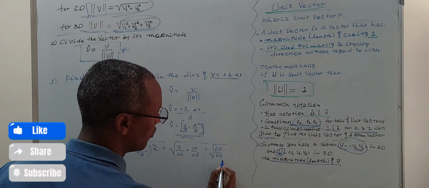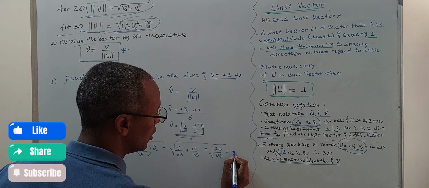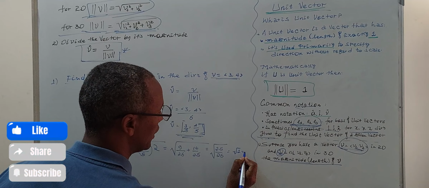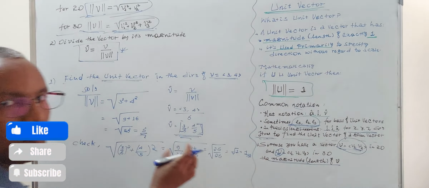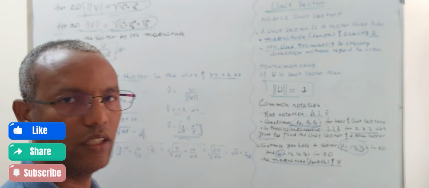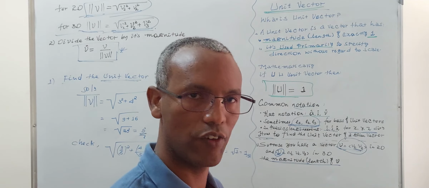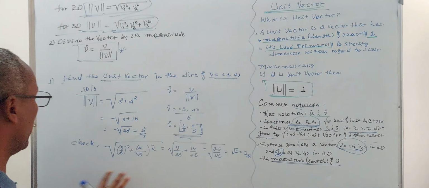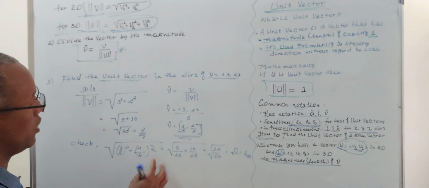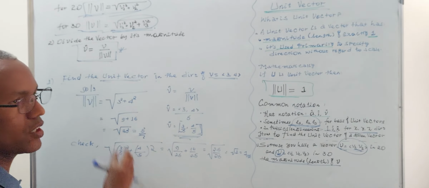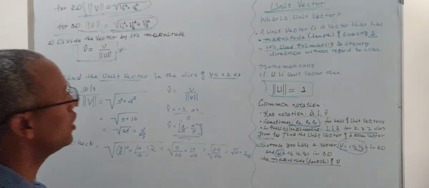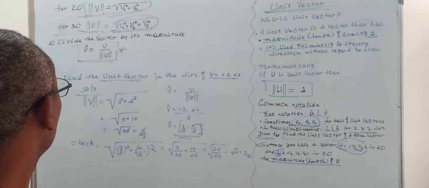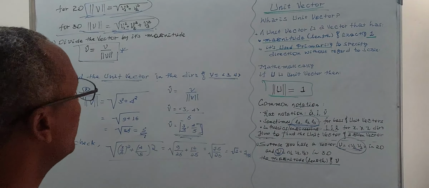Basically the square root of 25 upon 25, which is equal to the square root of 1, meaning that is 1. So that means the given vector is a unit vector. You can verify whether a given vector is a unit vector or not using this way. So that is it for this example.